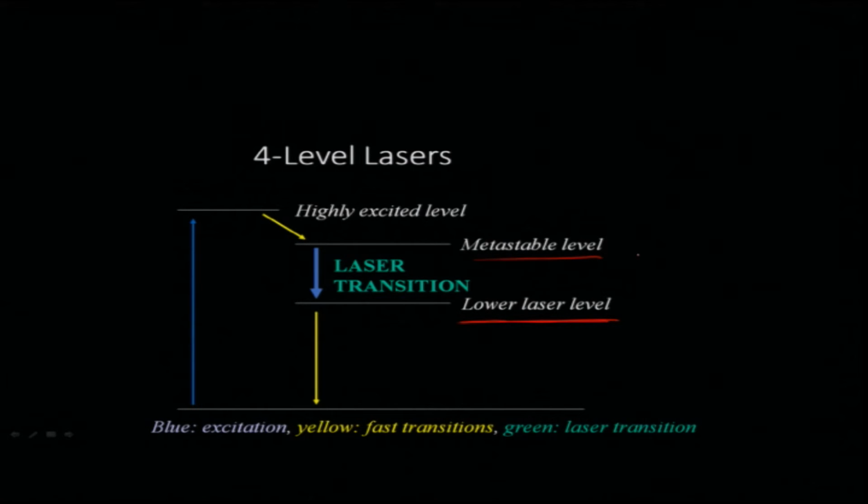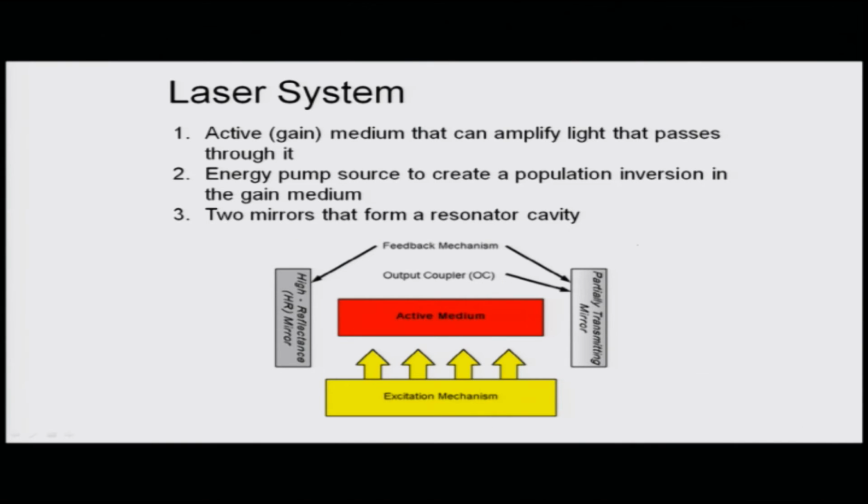So, by going to a higher number of states involved, you can actually get population inversion to happen even without the concept of negative temperatures, and that is one of the things which led to the important aspect of the laser.